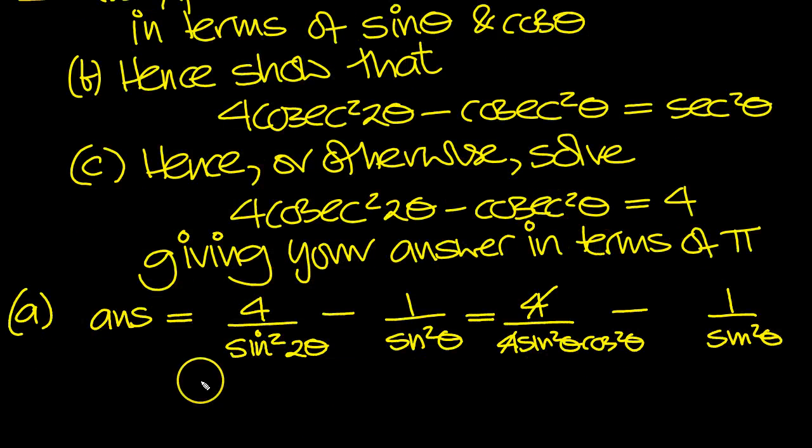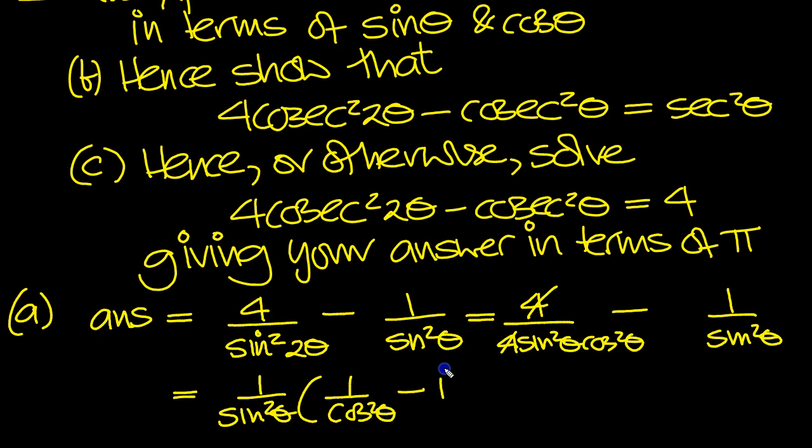So it equals 1 over sine squared, which is common, so let's take that outside a bracket. Inside the bracket we'll have 1 over cos squared minus 1, because we took a 1 over sine squared common here. That would leave 1 over cos squared in here, minus the 1 of course. Okay, so we've written that in terms of sine theta and cos theta, so there's our answer to part A.